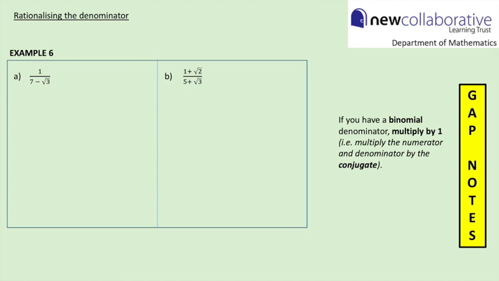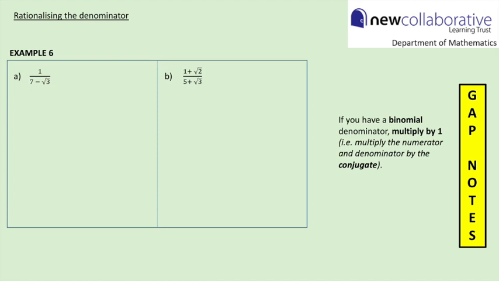And it turns out that the way to do this is to multiply the numerator and the denominator by what we call the conjugate of the denominator. And that simply means changing the sign which is associated with the surd part of the denominator.